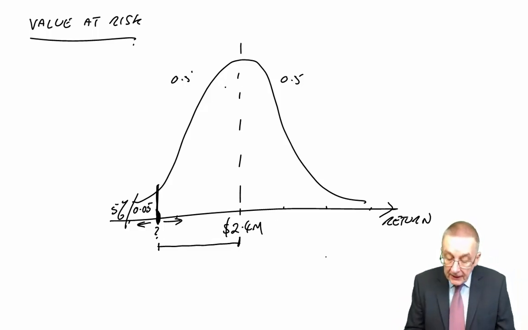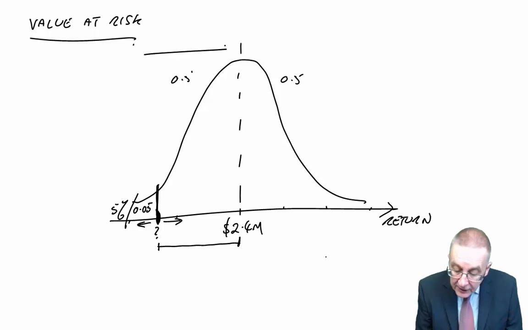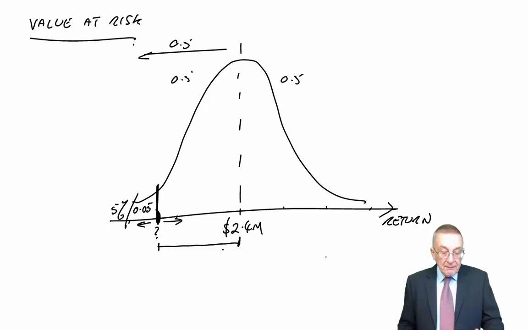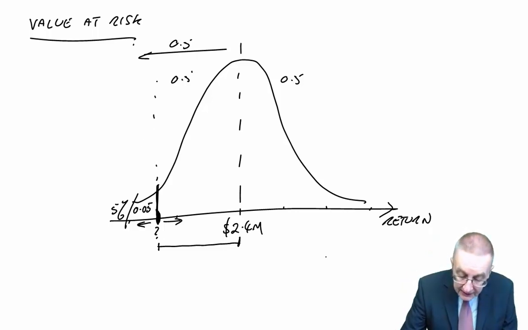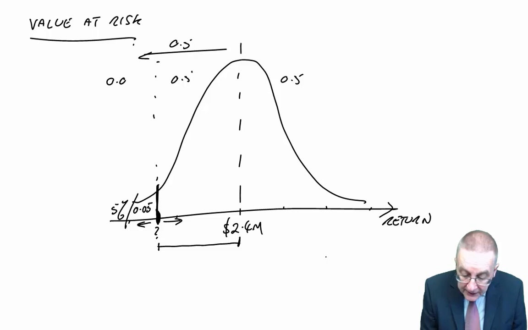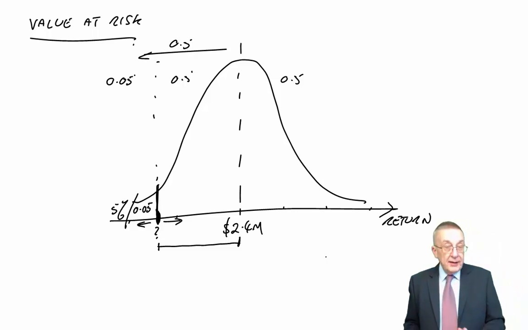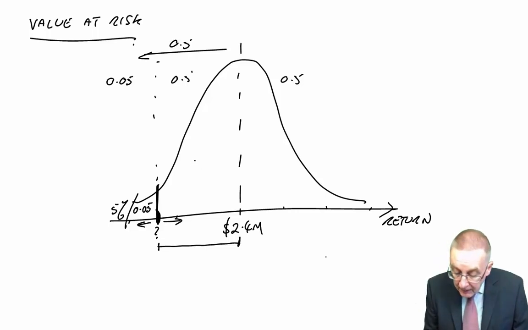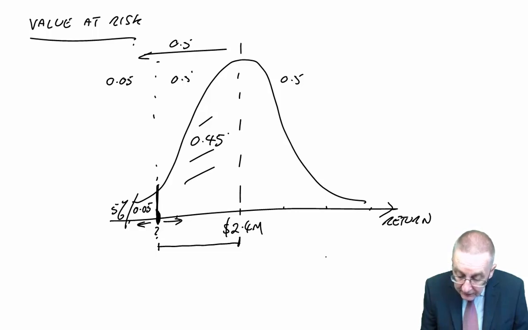Think about it. We've already said there's a 0.5 probability, 50%, of being below the average. We're setting the limit such that there's a 0.05 probability, or 5%, of being below it. So we want the probability of being in this range to be 45%, or 0.45.